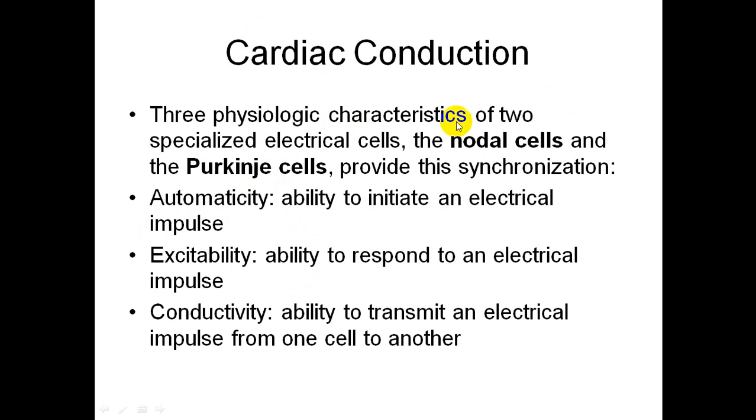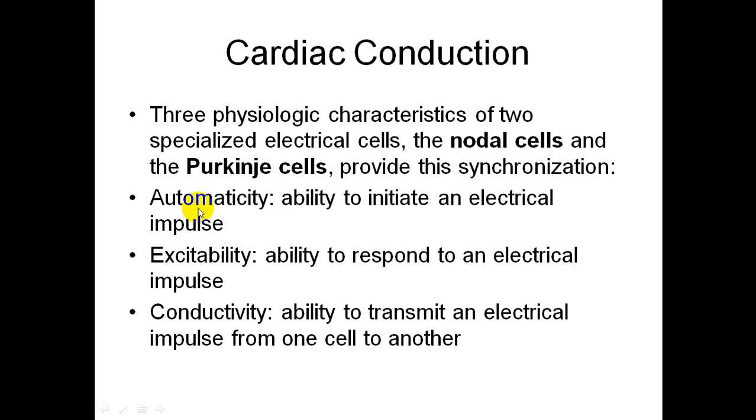Three physiological characteristics of specialized electrical cells: the nodal cells and Purkinje cells provide this synchronization. So these three characteristics: automaticity, which means the ability to initiate an electrical impulse without stimulation.